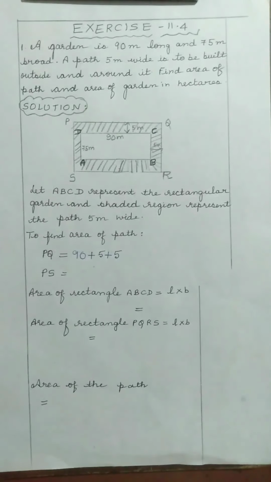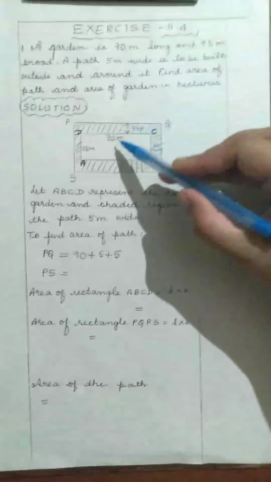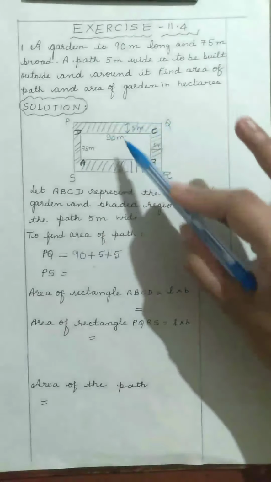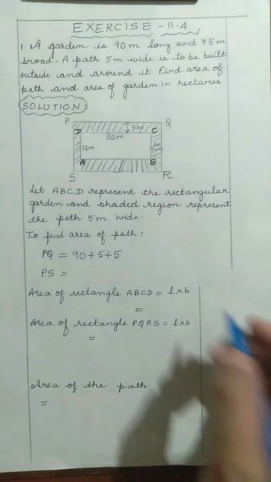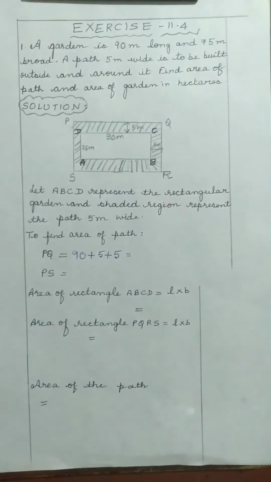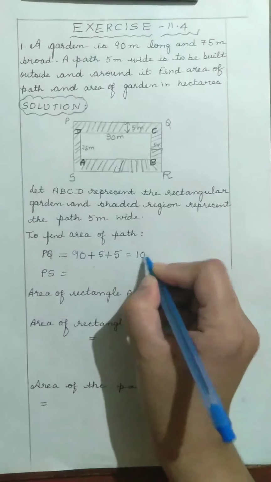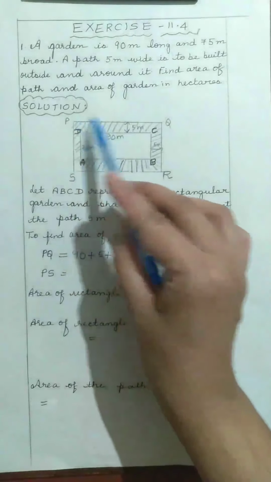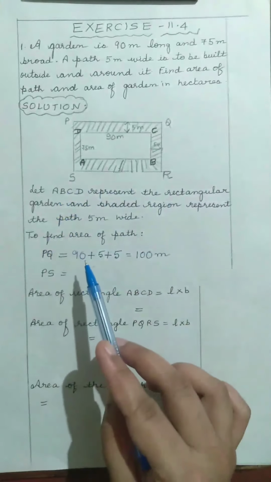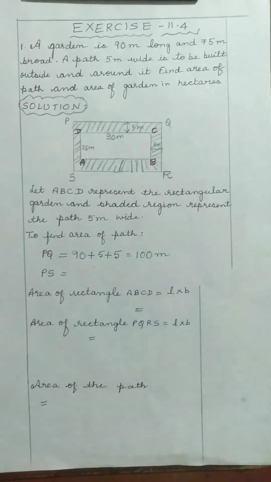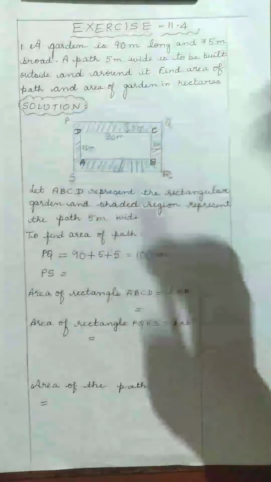We need to consider twice this 5 meter wide path along with the length of the rectangular garden ABCD, that is equal to 90 meter. Then while adding 90 plus 5 plus 5, we will get the answer equal to 100 meter. Therefore, the length of the rectangular region PQRS, where the length PQ, is equal to 100 meters. Now, we shall calculate the breadth, that is PS.